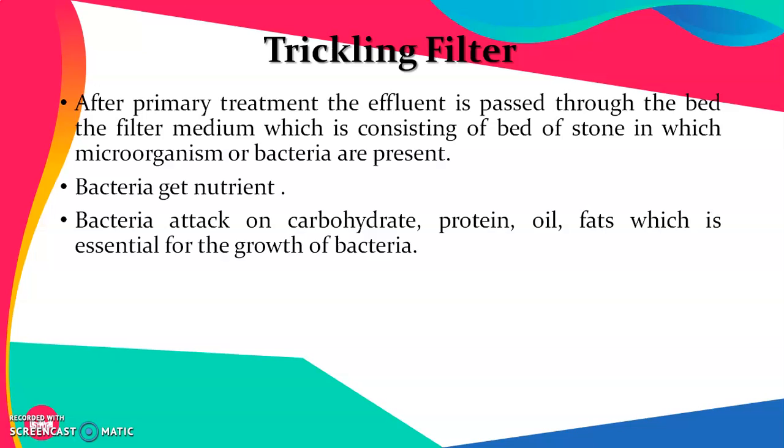These bacteria get nutrients or food from the wastewater discharged into the trickling filter, so they attack carbohydrates, proteins, oils and fats, which are essential for their growth, and in the process remove such objectionable matter present as pollutants in wastewater and make water clean and more acceptable for discharging into the environment or any further use.